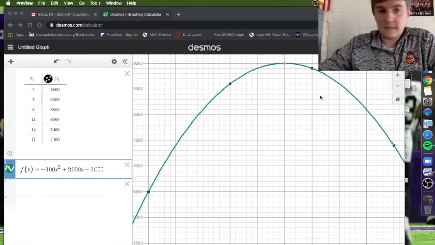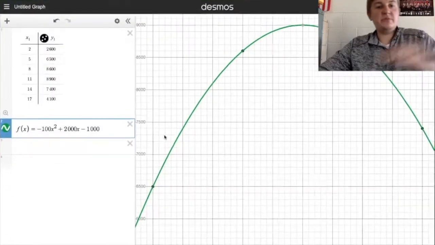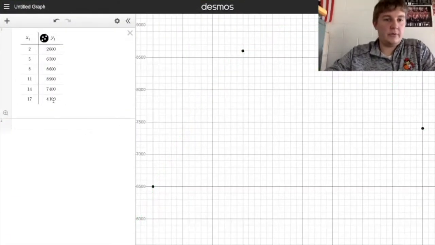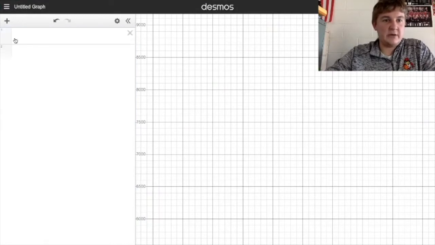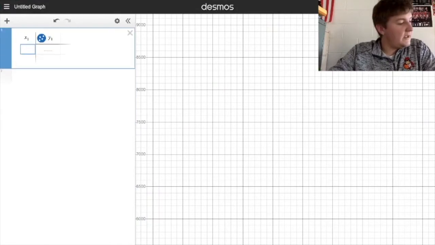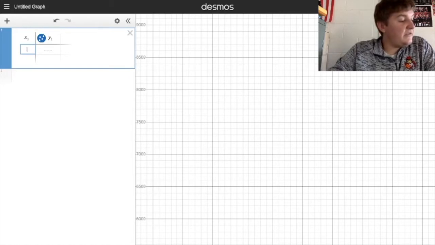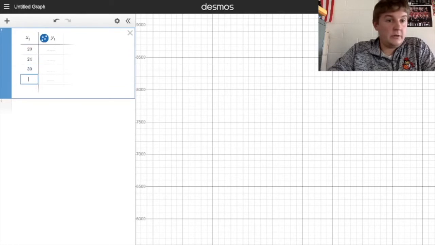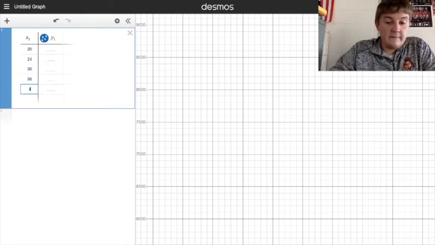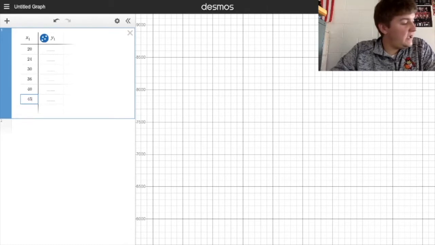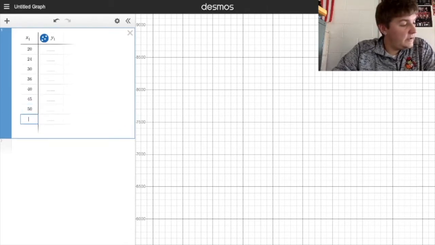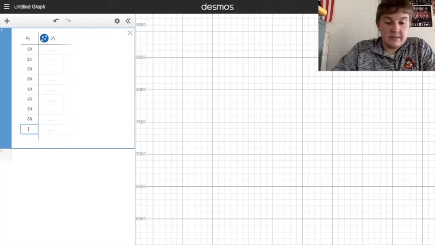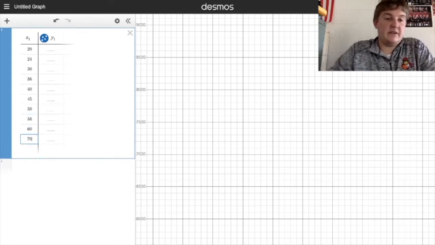Okay. So again, we want to go into Desmos and we need our table here. Looks like our table's already created. I'm just going to X out and type table again. It looks like my X values are 20, 24, 30, 36, 40, 45, 50, 56, 60, and 70.